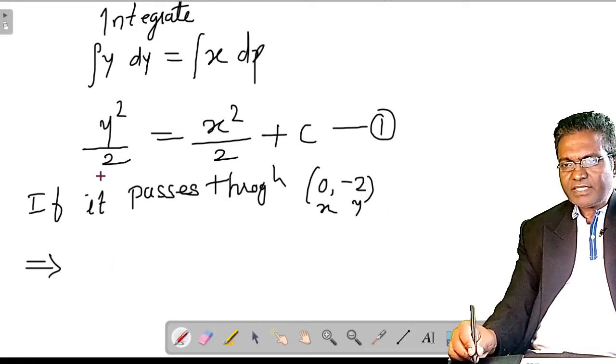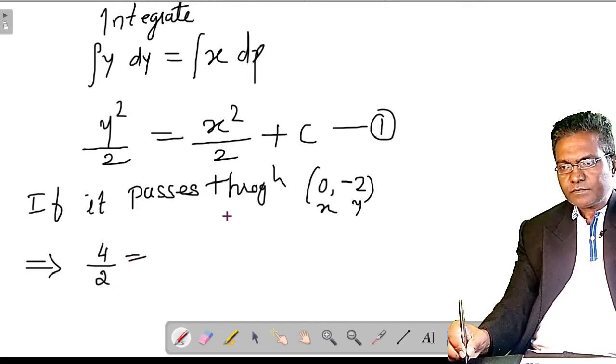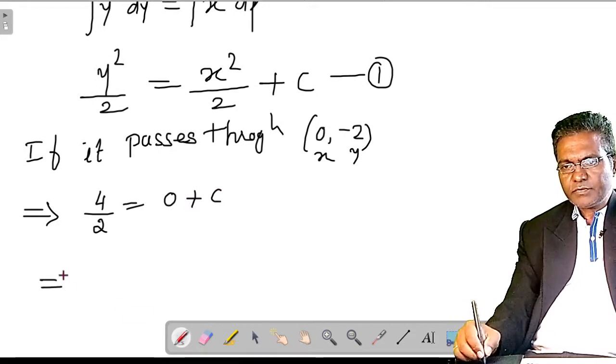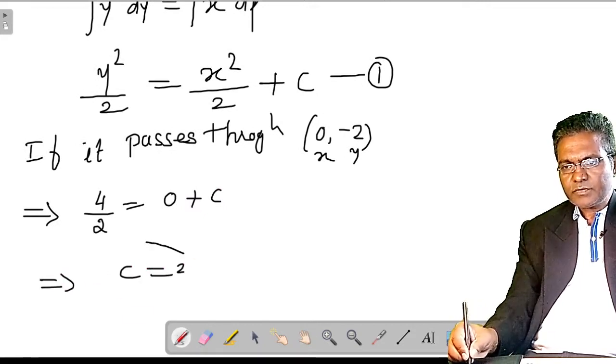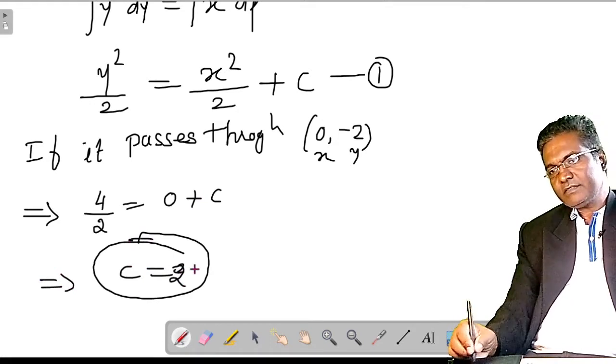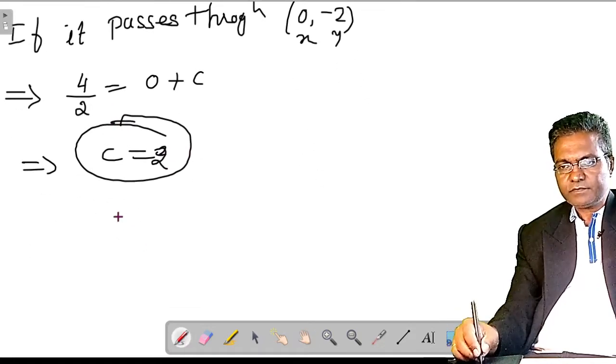If you put minus 2, you will get 4 there. If you put 0 here, 0. So this gives you c is equal to 2. Okay. Now you substitute here, so you'll get the required curve.